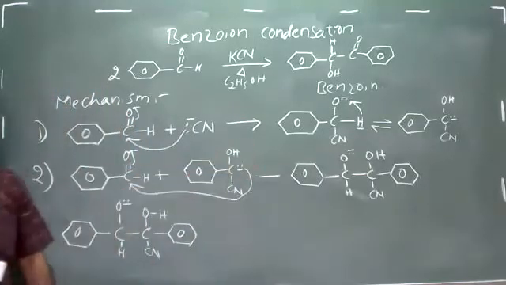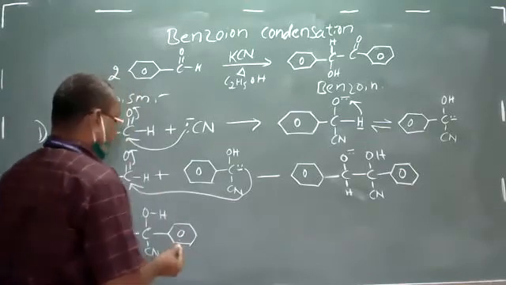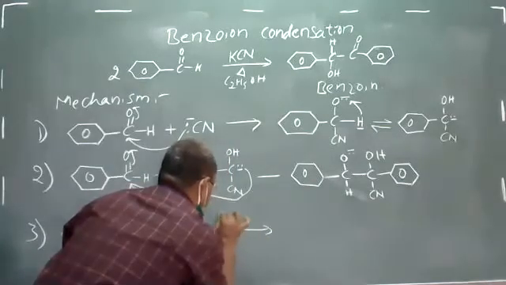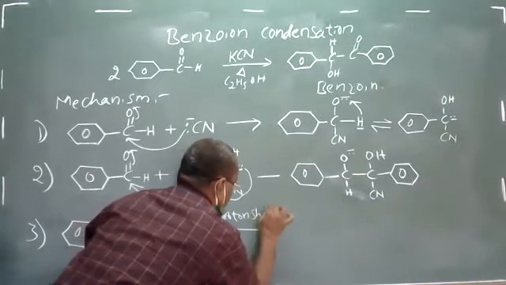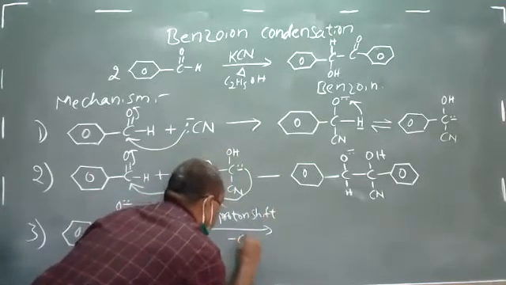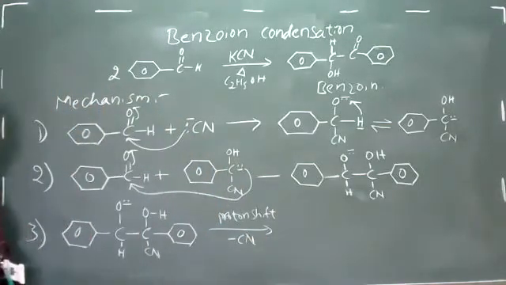Okay, this is what is formed here, that oxide ion. This oxide ion wants to stabilize, where a proton shift takes place and eliminates the cyanide ion comes out.